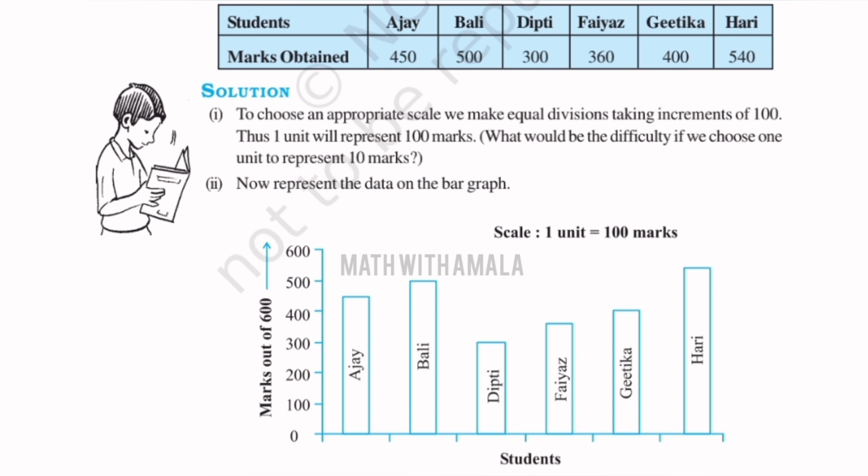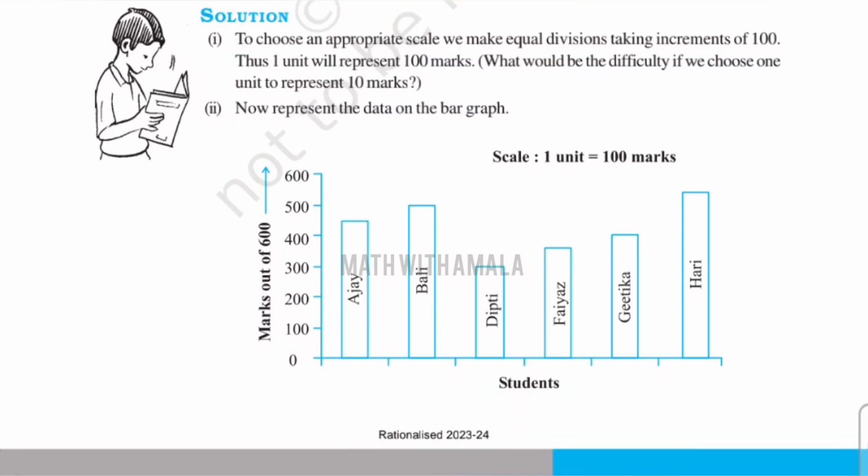So this is the scale: 1 unit is equal to 100 marks. Now represent the data on the bar graph like this. Ajay has scored 450, so it will come in between 400 and 500. Then you can represent it with the graph like this, and you have to maintain a distance of 2 units between Ajay and Bali, and you can continue.